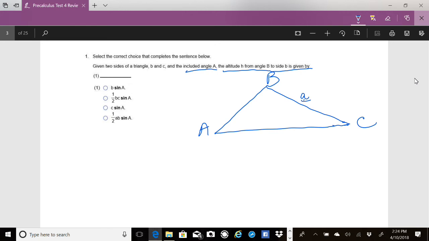The side A is always going to be opposite angle A. Side C is going to be opposite angle C, and side B is going to be opposite angle B. And we want to find the altitude H from angle B to the side B, so we want to calculate this H, the height of this triangle.